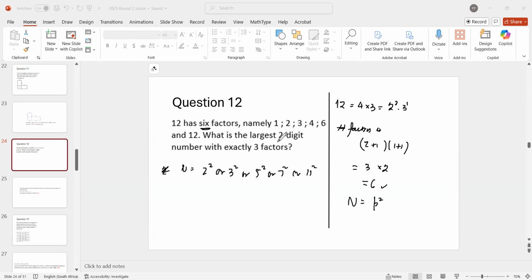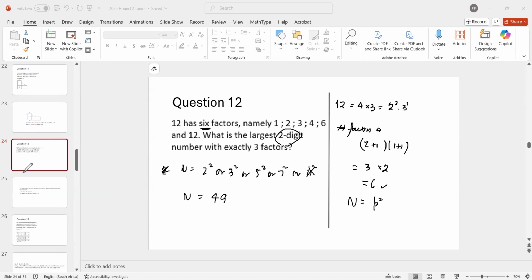And now it's going to be a 2-digit number. 11 squared is out because that's 121. And you want the largest one, so n must be 49. That's the largest square of a prime number. So it's quite a tricky problem, but once you know that n is a square of a prime number, then you have to look at the largest possible square of a prime number which has 2 digits. Okay, so that takes care of that.